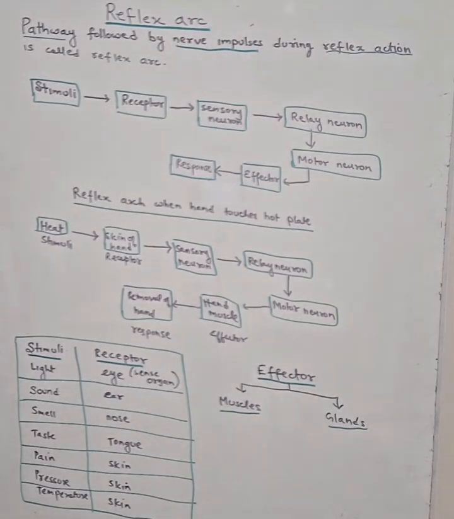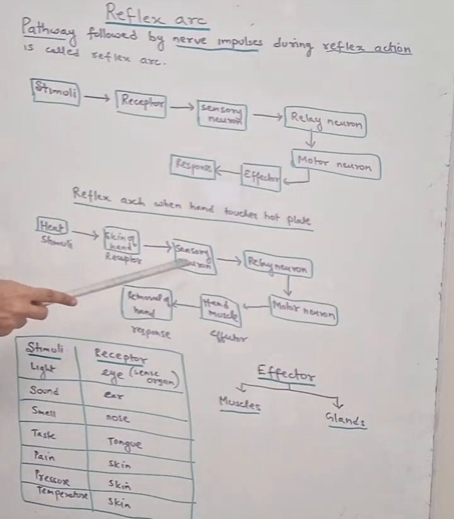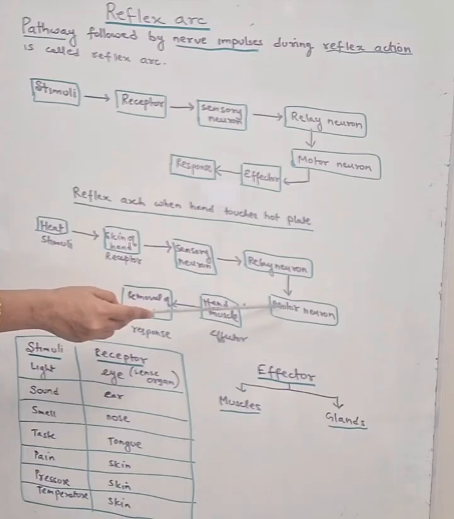Now suppose the heat of the hot pan is the stimulus. When our hand touches this heat, the hand skin behaves as a receptor. The skin receives the heat, then the sensory neuron carries the message to the relay neuron, and from the relay neuron the message is carried to the motor neuron.